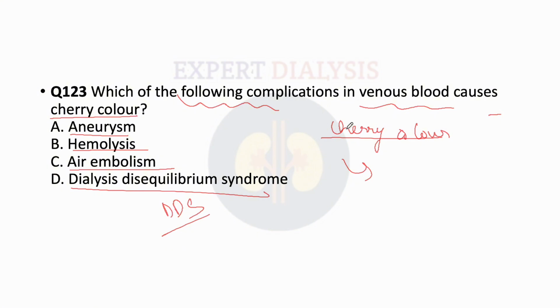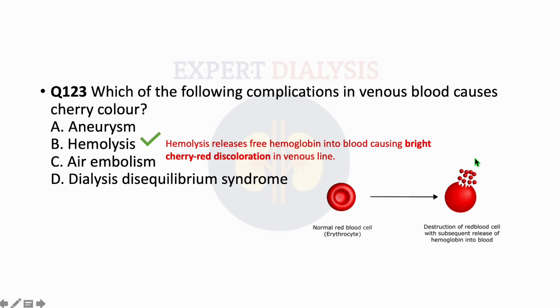The key word here is cherry color, and cherry color is related to hemolysis. Hemolysis releases free hemoglobin into blood, causing bright cherry red discoloration in the venous line. So when the RBCs break down, they release Hb and it causes bright cherry red discoloration.